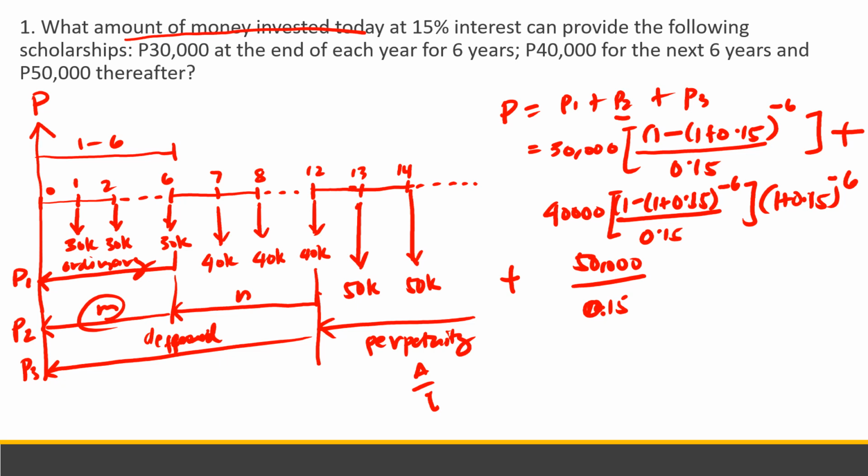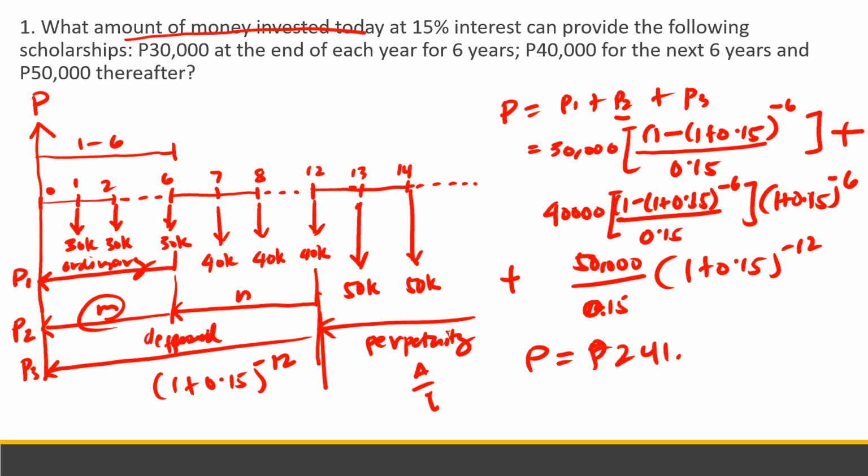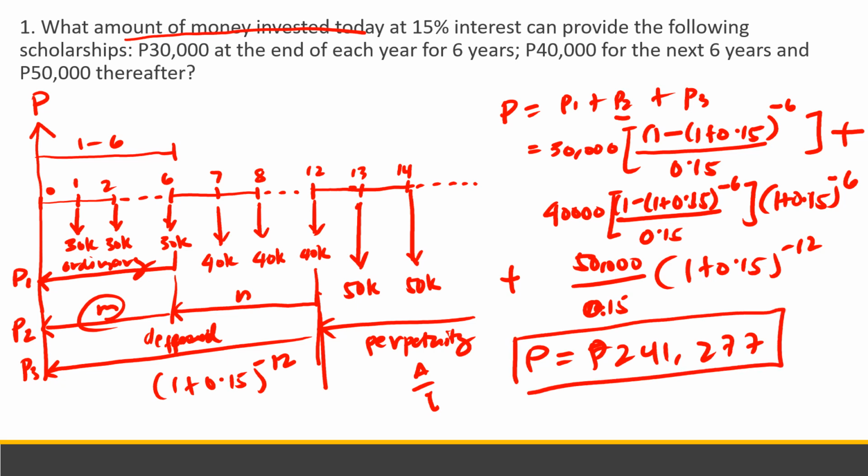So this equation is hanggang dito lang. So i-move natin siya dito. So mag-multiply tayo ng 1 plus 0.15 to the power of negative 12. So if we simplify the equation, the amount is 241,277 pesos. So if you will invest an amount of 241,000 pesos today, you will receive this amount.